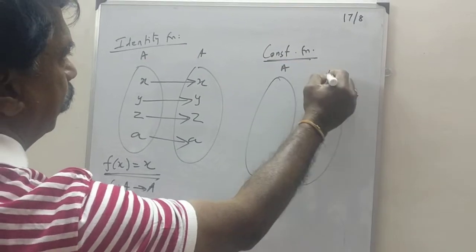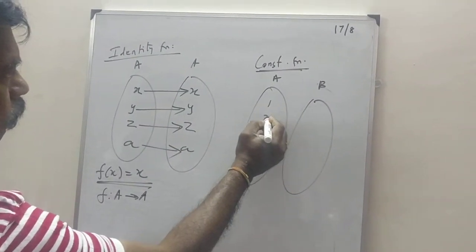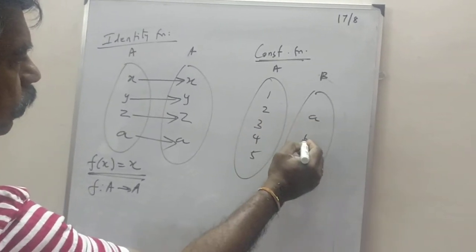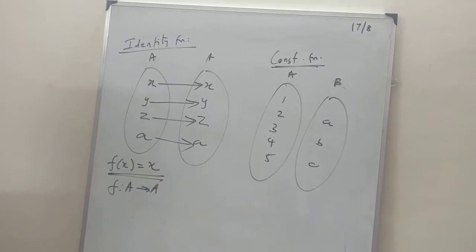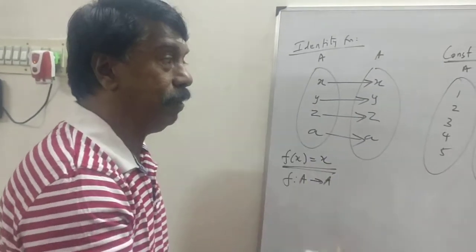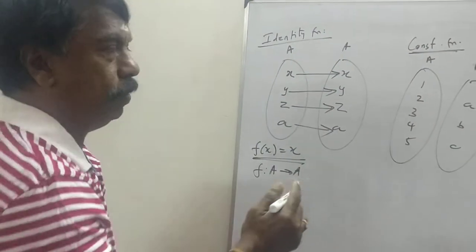This is in set from A to B. This is 1, 2, 3, 4, 5. A, B, C. It is said to be a constant function if each element is related to only one element.